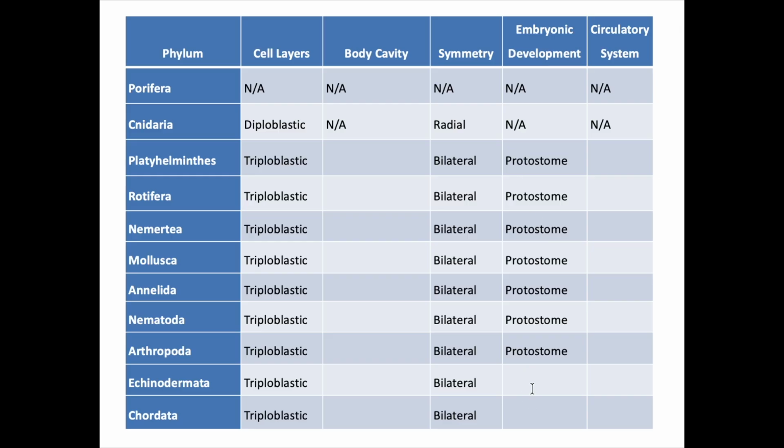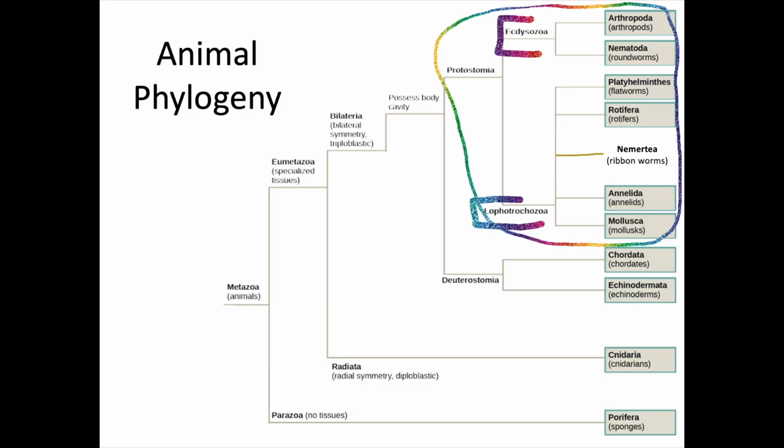If you can remember the two deuterostomes, which again, we'll talk about at the end of this chapter, it'll be easy to remember which ones are not deuterostomes. Then you know which ones are protostomes. Okay, so within protostomia, there are two more branch points. There's a group called Ecdysozoa, and there's a group called Lophotrochozoa.